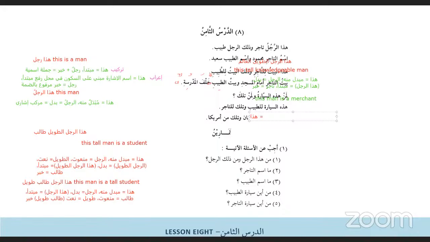We're not saying Ismul Ishara, Mabniyun ala Sukun, etc. We're doing Tarkib. So we have to label it in terms of Tarkib. What's هذا? Because we're going to make the component of the sentence. It's Mubdalun min. Good. That leaves us with the word al-bayt. What's al-bayt? Badal, good.